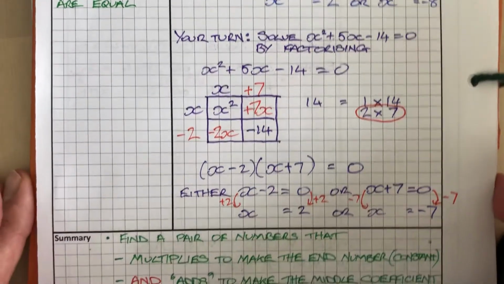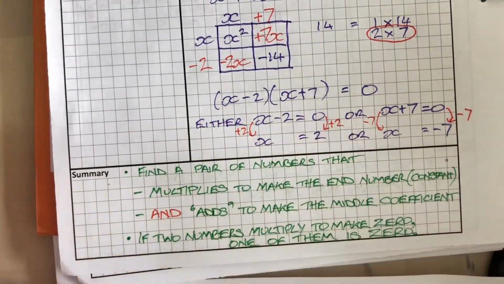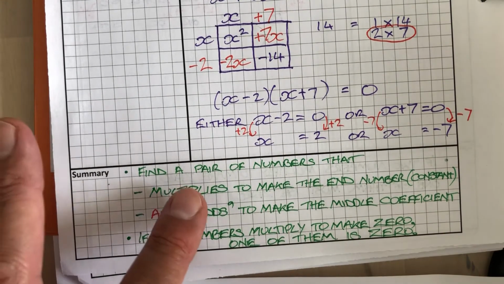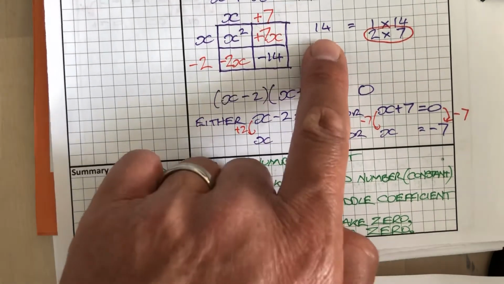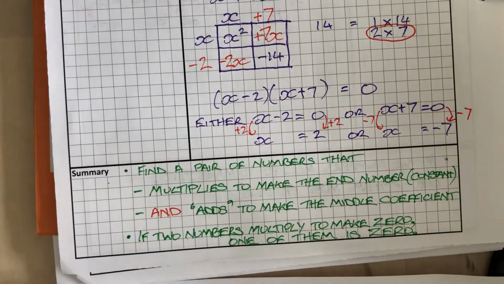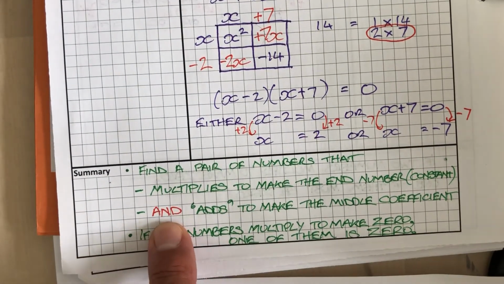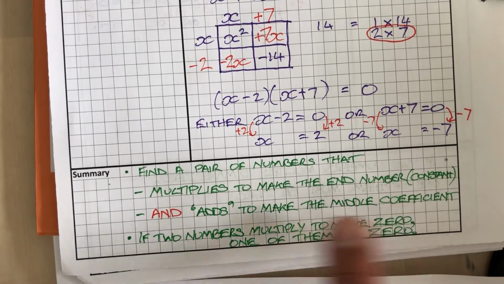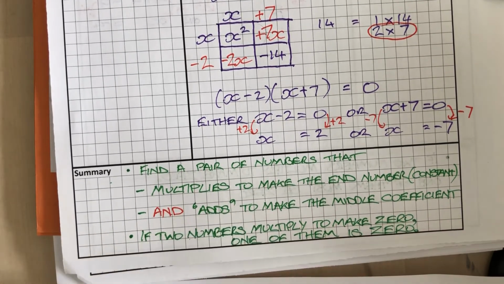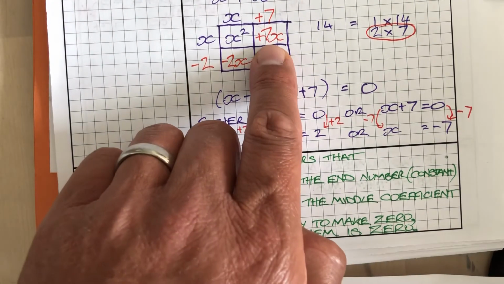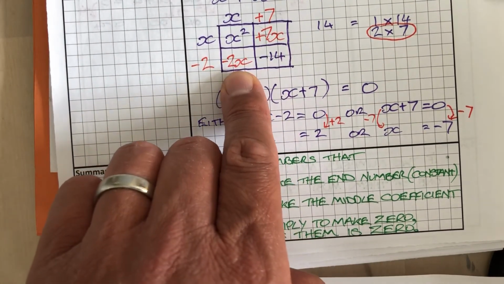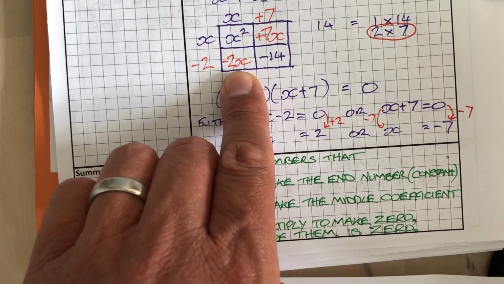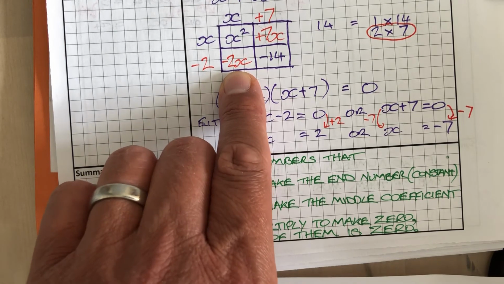Right, so what are we doing? We're looking for a pair of numbers that multiplies to make the end number, 14 in this case. And it's got to add to make the middle number. Now, I've put add in brackets. Technically, they are adding. So I'm doing 7x add negative 2x makes 5x, positive 5x.